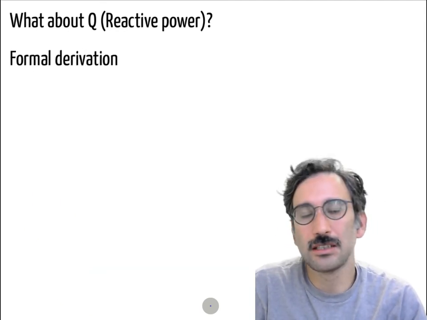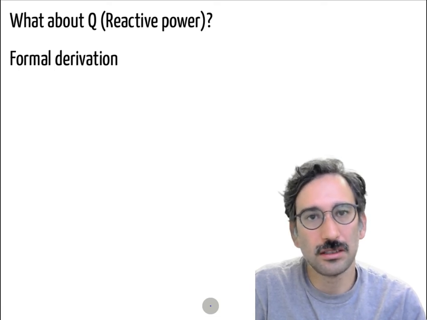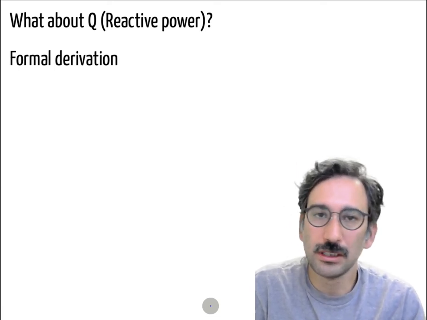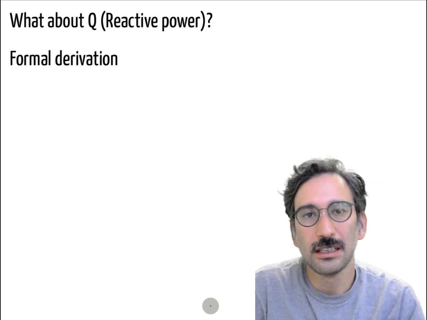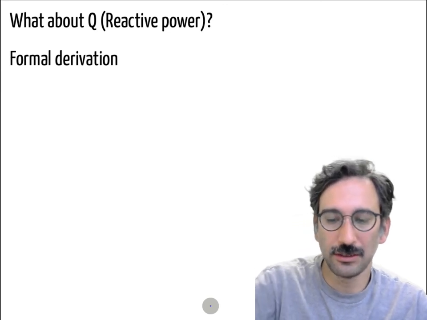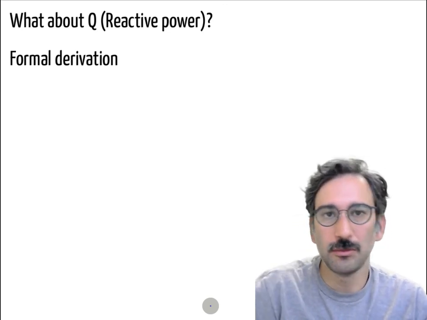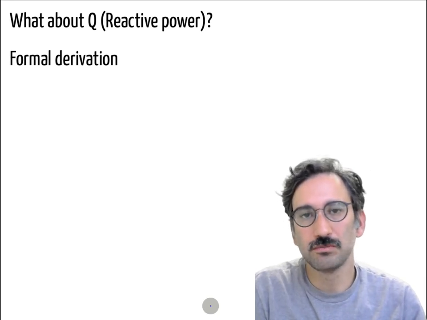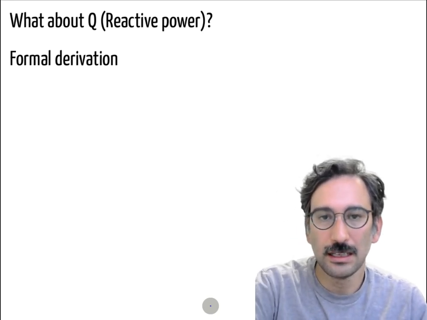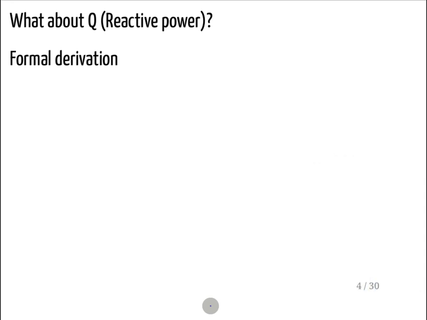All the power and Q relations can also be derived from the conjugate of vectors and mathematical relations. It's usually more difficult, but for the sake of completeness, let's do that. Let's start from a formal definition: S, the power, is Vt times Ia conjugate.